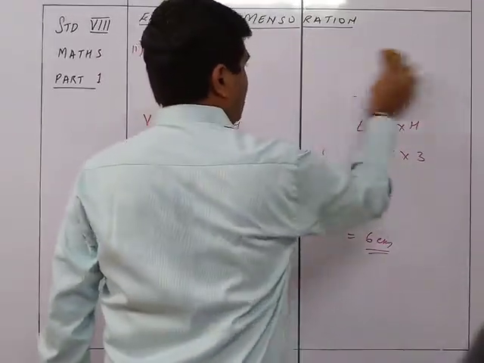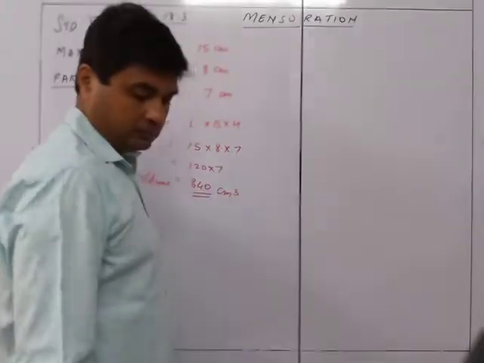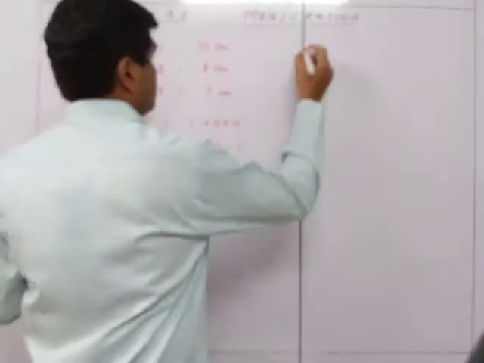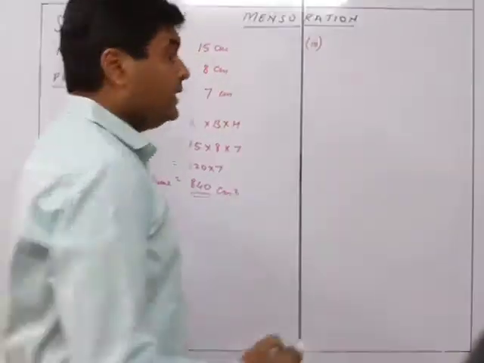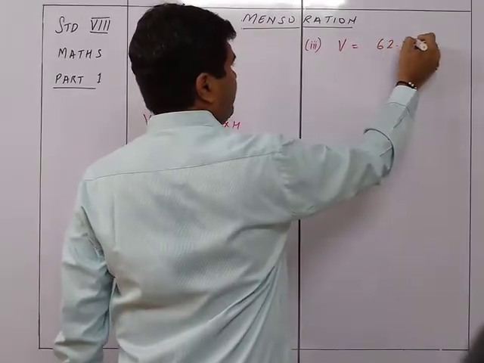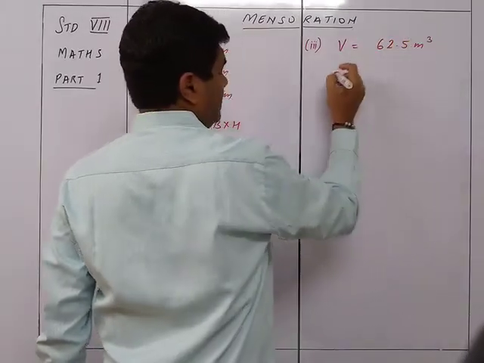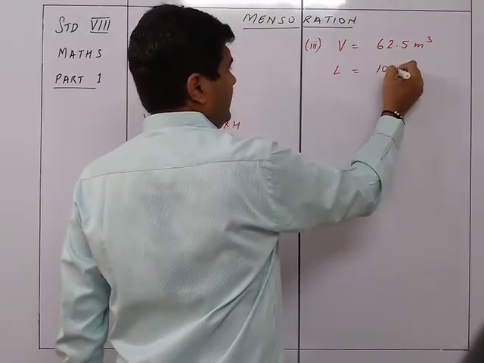We move on to sum number 2, part 3. So third sum. They are given the volume to be equal to 62.5 meters cube. They are given the length to be 10 meters.